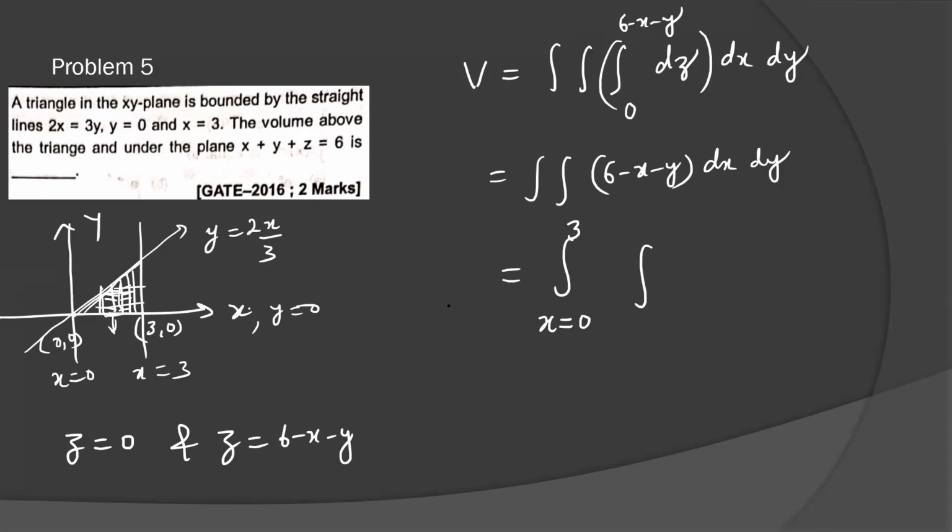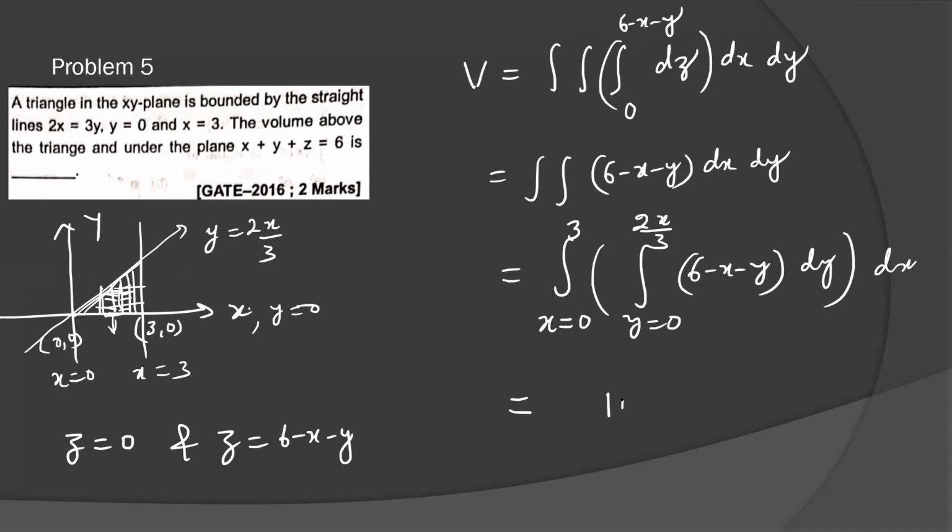The tail of the strip is at y equal to 0 and the head of the strip is at the line y equal to 2x by 3. So the integrand is 6 minus x minus y dy. Firstly, we have to integrate with respect to y, then with respect to x. If you simplify it, you will get this integration equal to 10 unit cube.